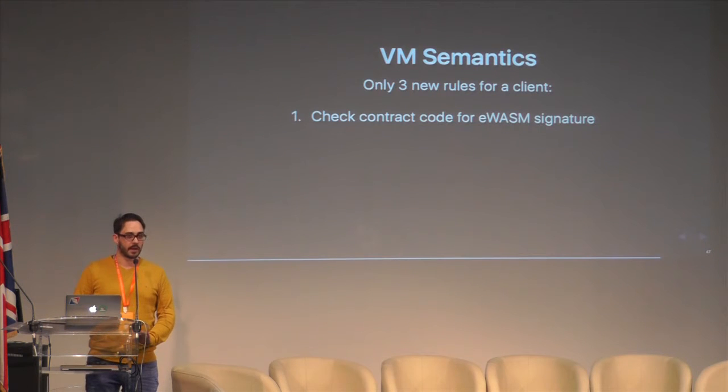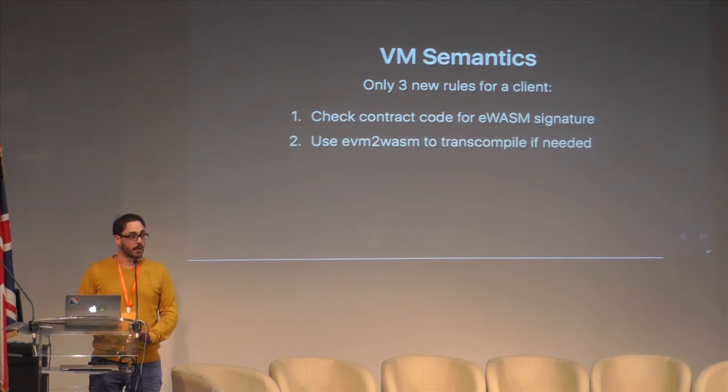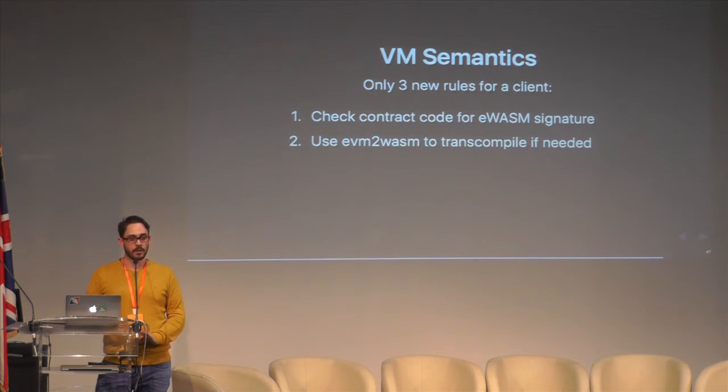So a new client then has to first check whether it's a WebAssembly or an EVM contract. And it's really easy to check that because we have a magic number for WebAssembly. If you do happen to have an EVM implementation as well, you can just go ahead and run EVM contracts as they are. But if you don't want to implement EVM because you are WebAssembly only, you can just use the transcompiler to prepare code for you.